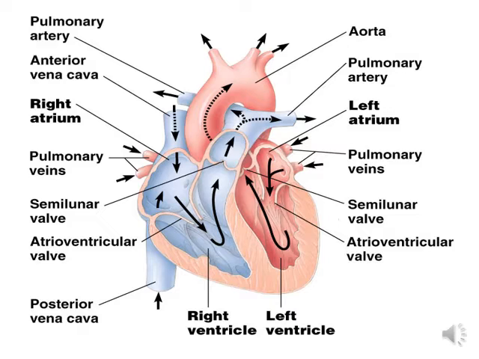All right. Take note also of the valves. We've got atrioventricular valves separating the atria from the ventricles, but we also have these semilunar valves. Okay. This one is the pulmonary artery taking blood away from the heart to the lungs. Whenever you see pulmonary, it means it's relating to the lungs.